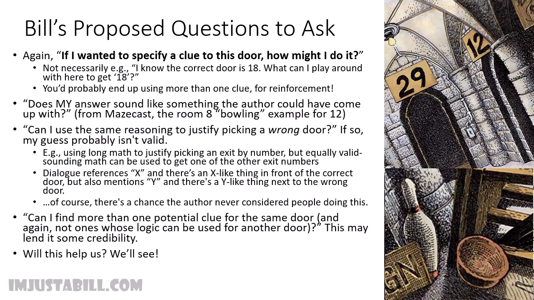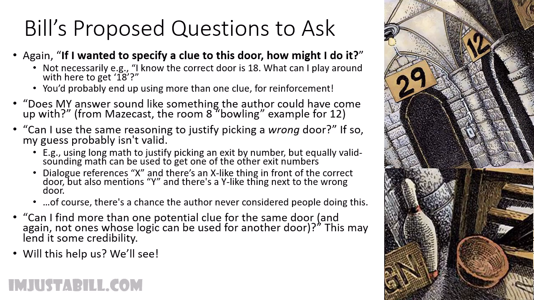So, some other final questions to ask yourself to finish this up. Does my answer sound like something the author could have come up with? I referenced an article in a previous episode when I was talking about the riddle. This great article from Mazecast was titled, Is It Possible That the Author of Maze Came Up With My Crazy Solution?